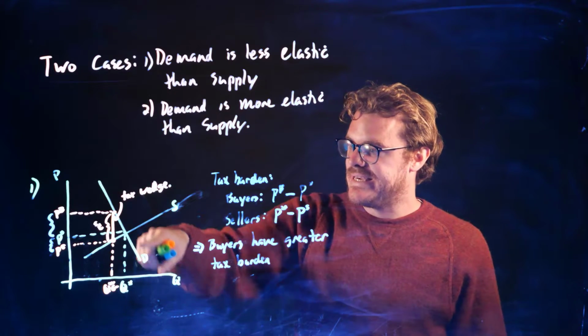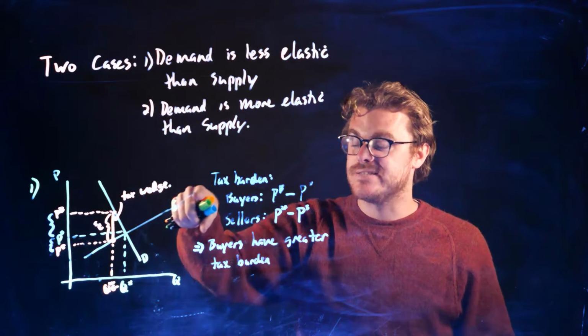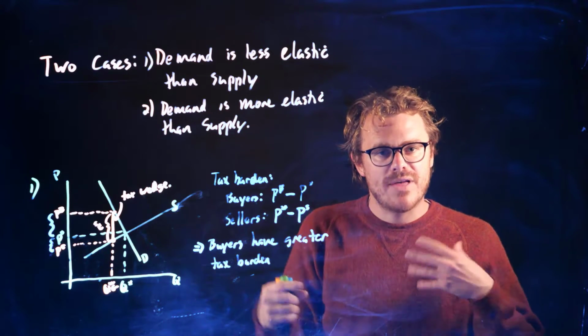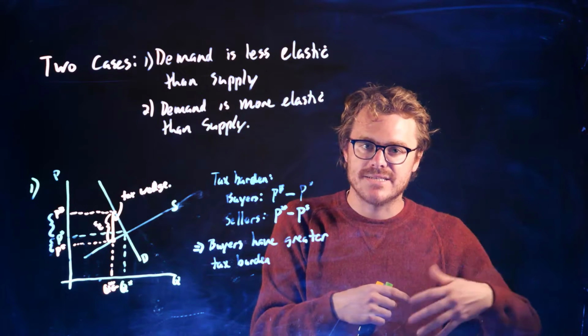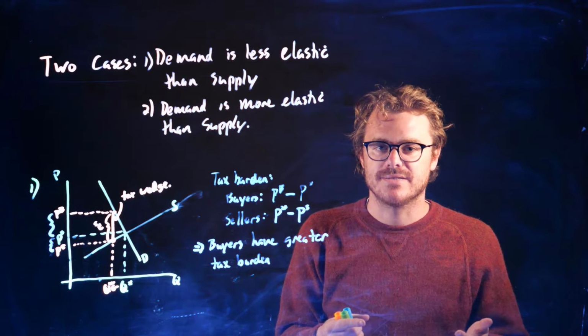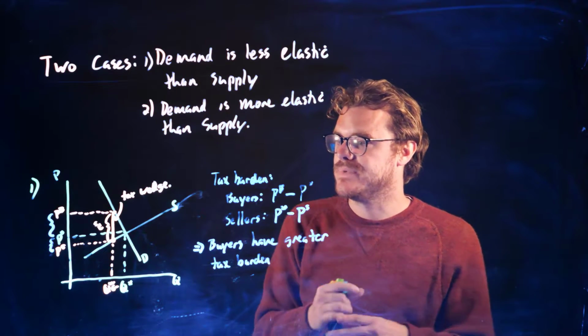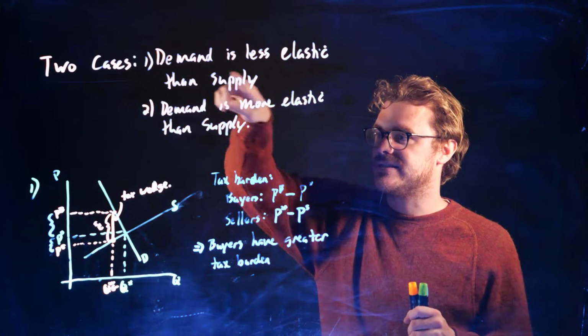So here, demand is less sensitive to changes in price than supply. And so regardless of whether this tax is on the buyers or the sellers, the buyers are going to end up paying more of this tax. Okay, so I'm just going to quickly erase this bottom part, and then we can think about this second situation.